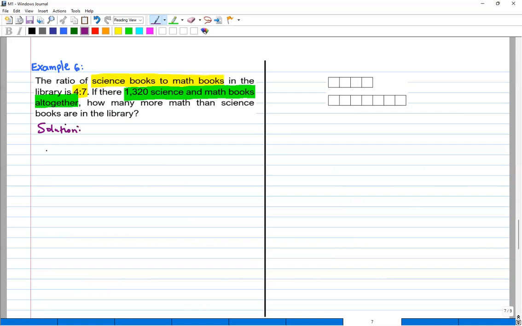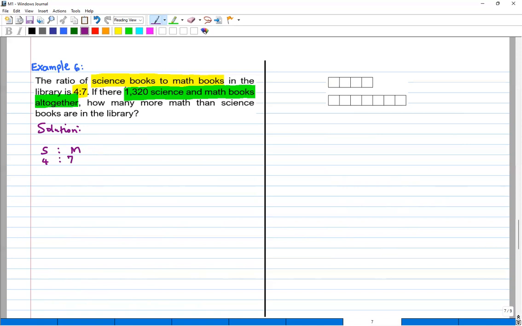Now we have science books, let's use S, and math books, let's use M. And that ratio is 4:7.